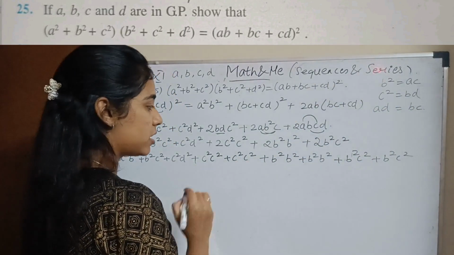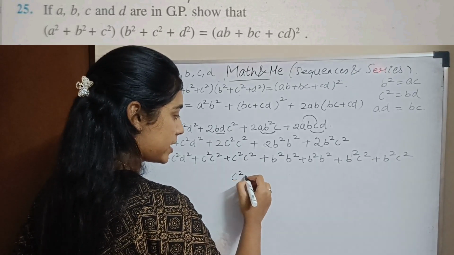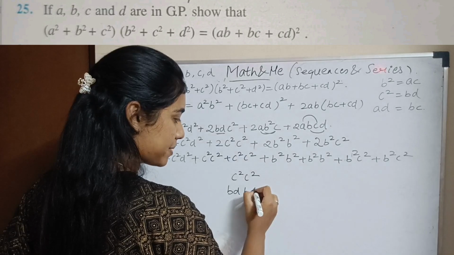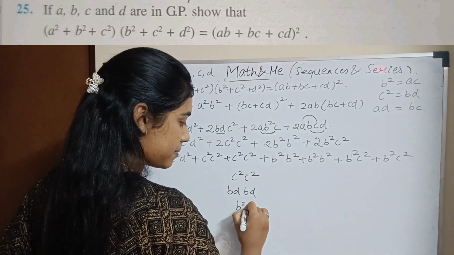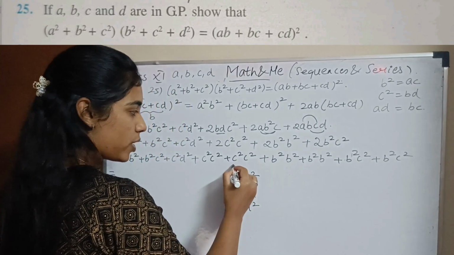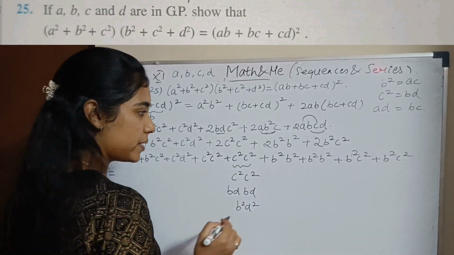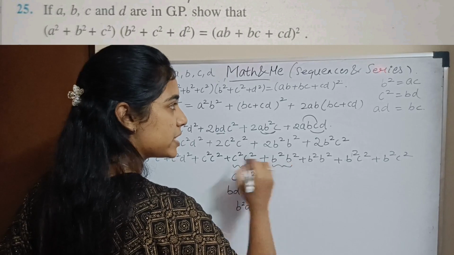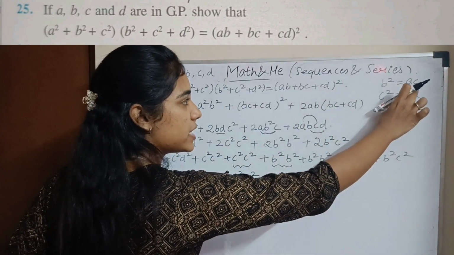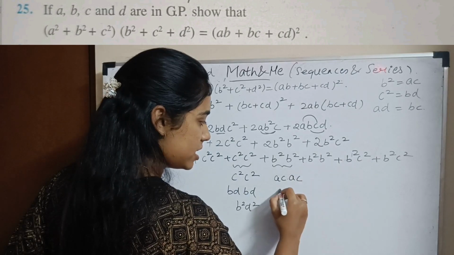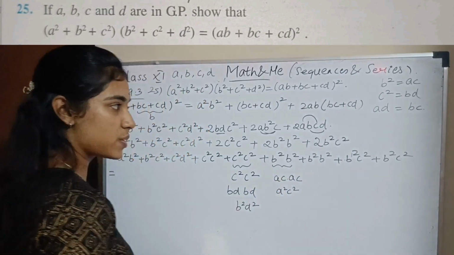BD. I'm writing only this term separately. So C square is nothing but BD times BD, so I can write it as B square D square. So one of the C squares will become B square D square. Okay? And what will happen to one of my B squares? My B square is AC, so I have AC times AC, which is A square C square.